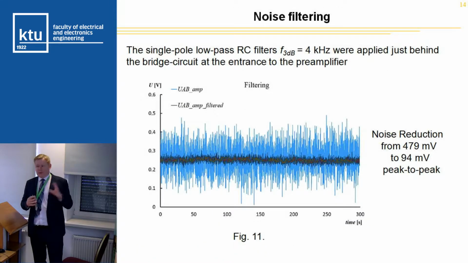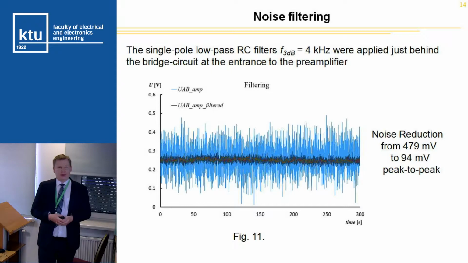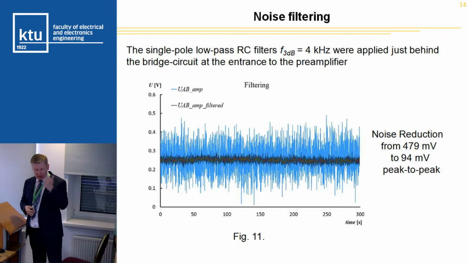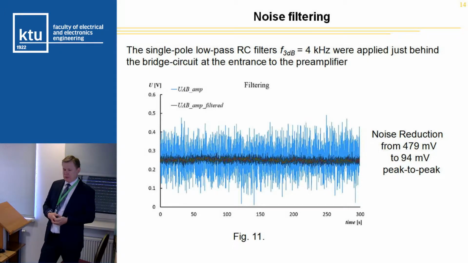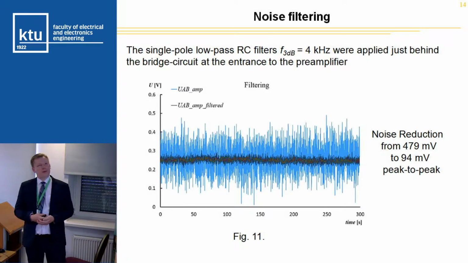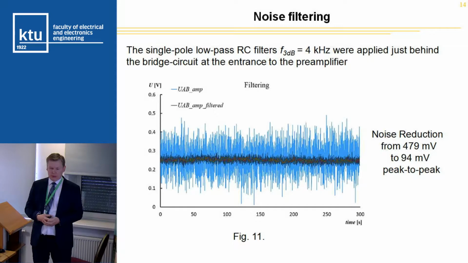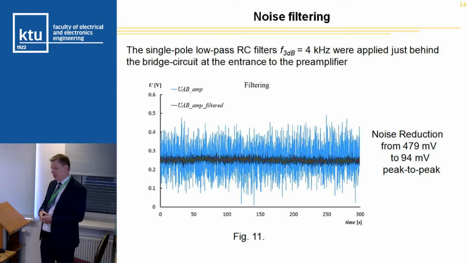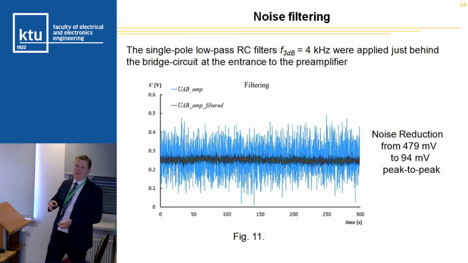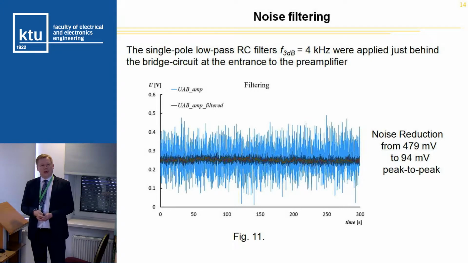And the big problem was noise filtering. I didn't show the filter on the slide because I placed a simplified circuit, but we used low-pass filters between the output of the bridge and the first amplifier, and that reduced noise from this value to this value, maybe 4 times. This is noise in peak-to-peak values.